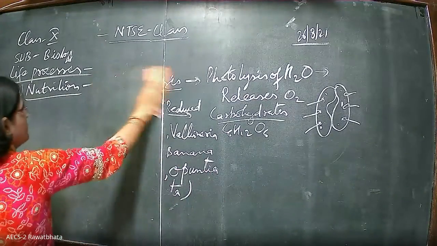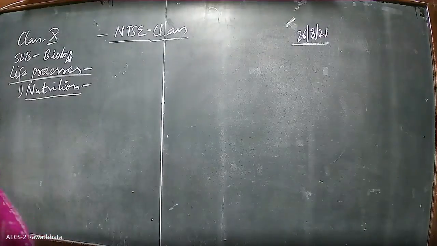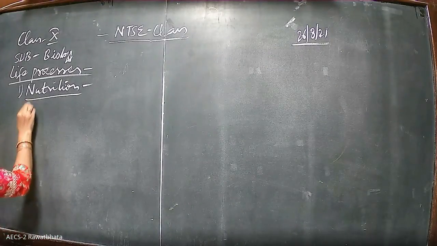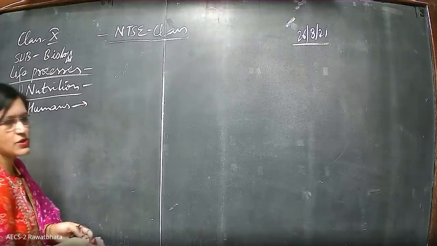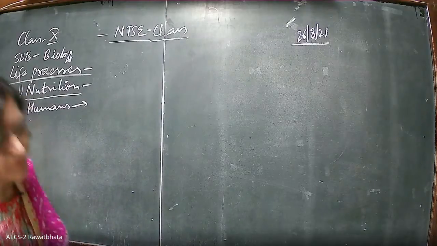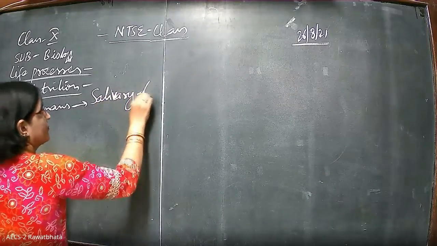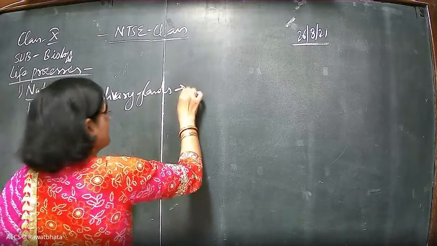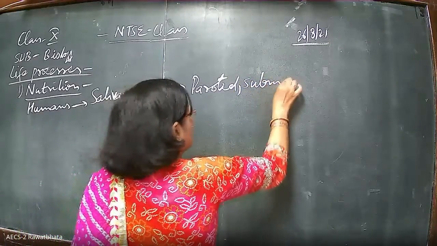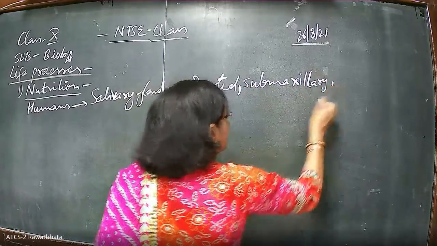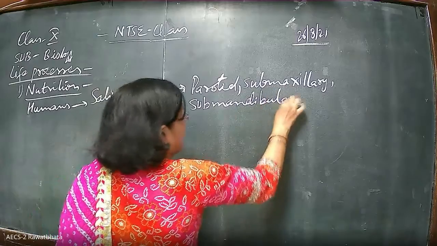Once you're talking about it, right from mouth we start off, and in that case you are supposed to keep in mind salivary glands, parotid, submaxillary, submandibular, and they are all exocrine glands.